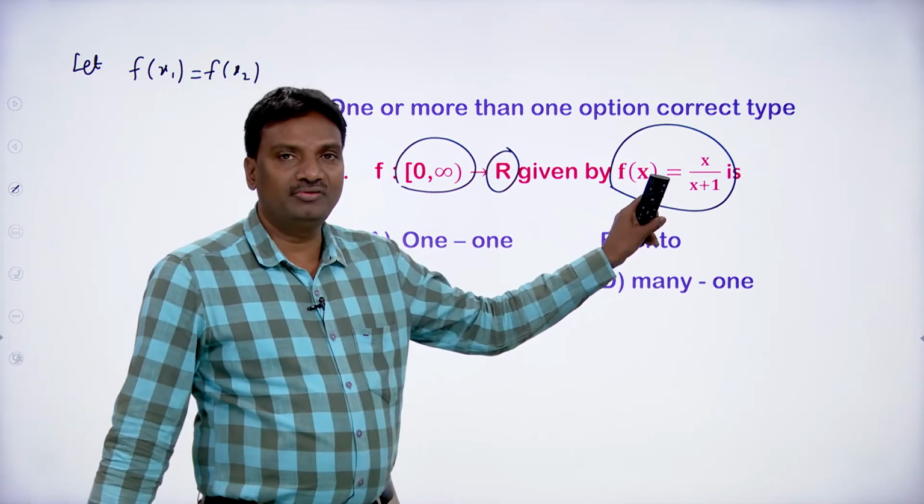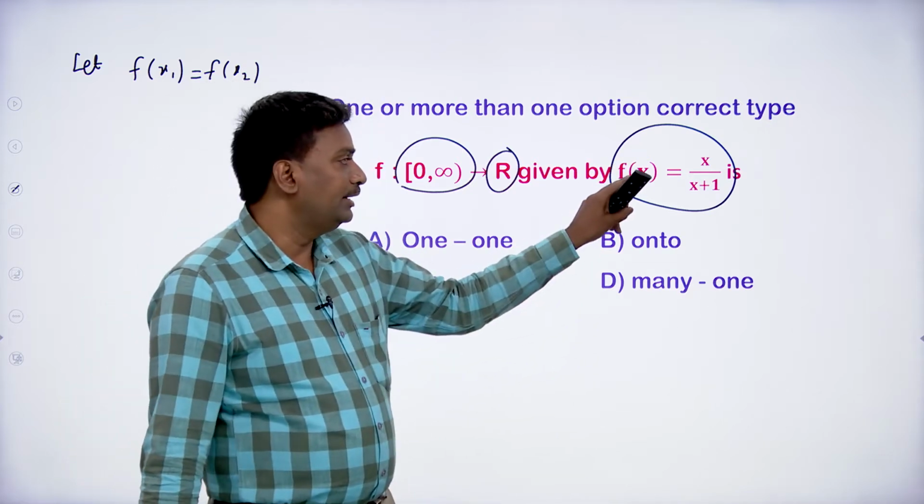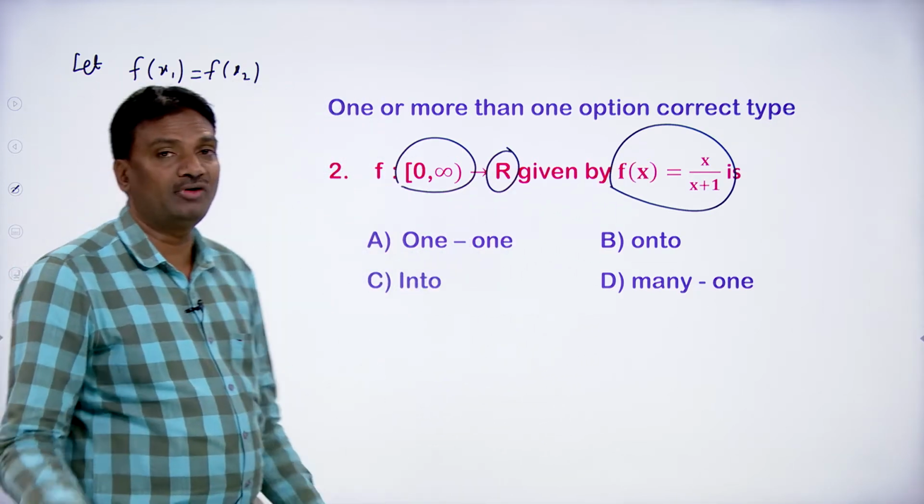The function f of x according to the problem is given as x by x plus 1. In LHS we have f of x1, so in place of x, by writing x1, we get x1 by x1 plus 1.